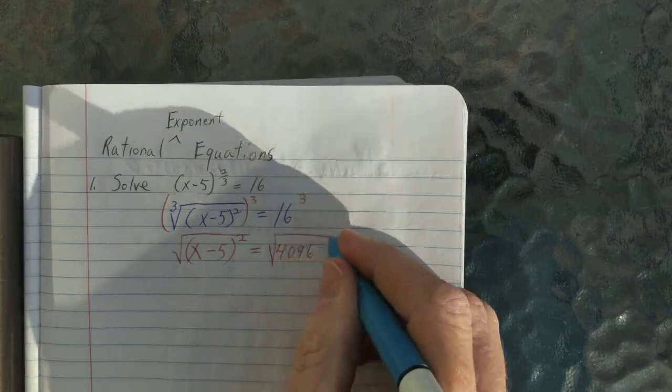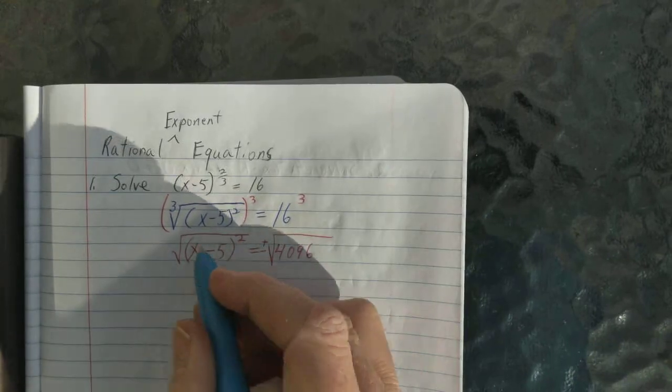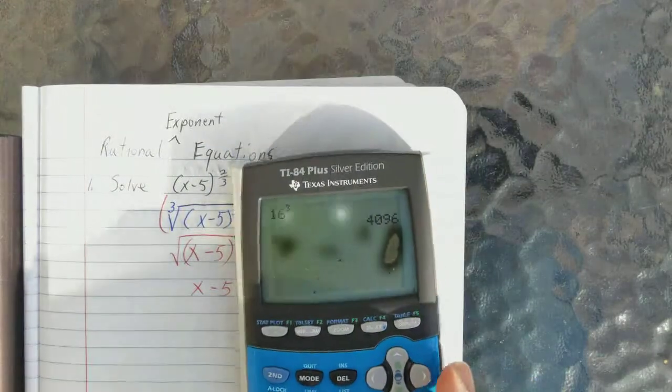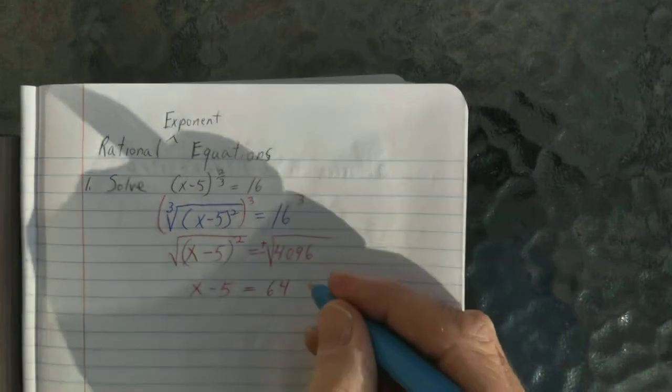take the square root of both sides, and I get a positive and a negative square root. The square root and square cancel out, so I'm left with x minus 5. The square root of 4096 is 64.